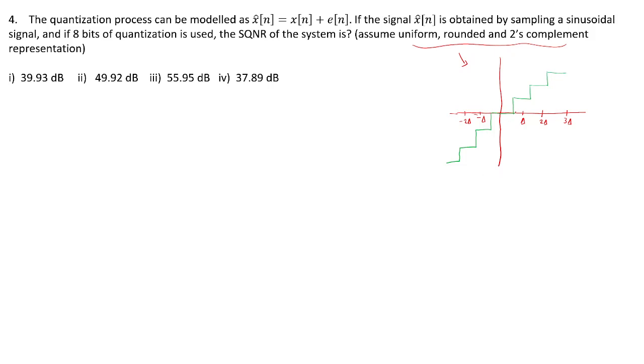Whatever input amplitude comes in this range is assigned this particular value of delta, similarly for this range it is assigned 2 delta, and for this range 3 delta, and so onwards. This is a uniform rounded 2's complement quantizer, of course.